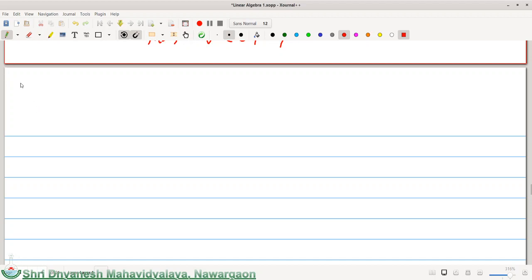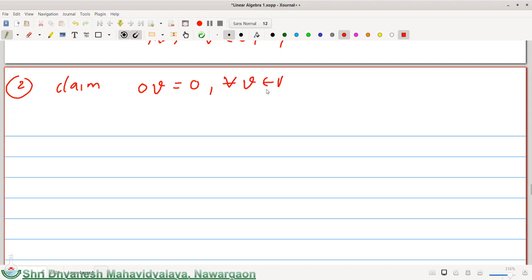Number 2, claim: what we have to prove is 0 into v is equal to 0 for all vectors v. So we go in a similar way. We have 0 belongs to F. Since F is a field, 0 is the additive identity of F. So then we can have 0 plus 0 is equal to 0.